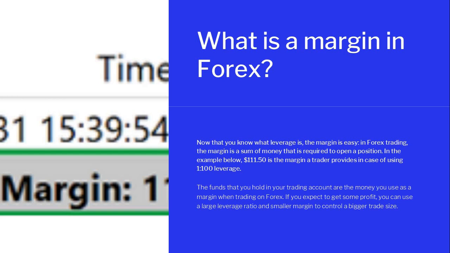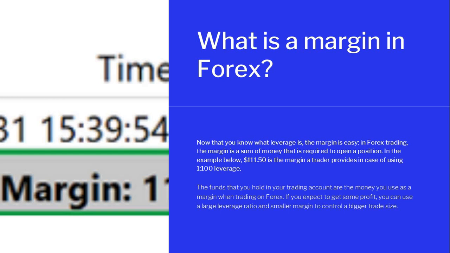Now let us move to what margin is in Forex. Since we have already understood leverage, margin is easy to understand. In Forex trading, the margin is a sum of money that is required to open a position. So for you to open a position, there's the leverage, and there's a margin which is needed to open that particular trade.